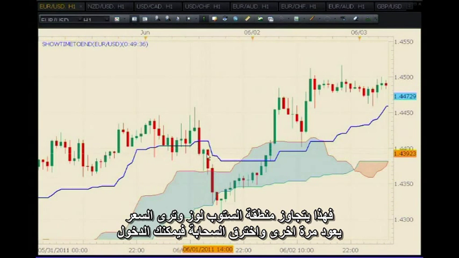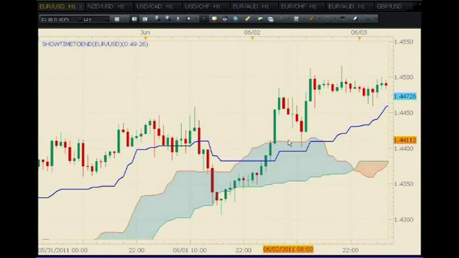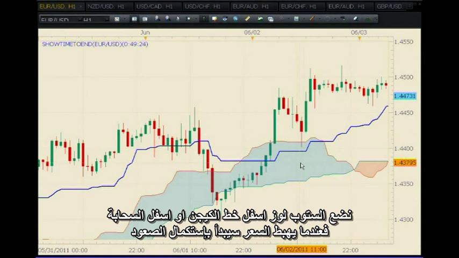It would have been above your stop loss area. Okay, but then you see price coming back again, and you have a break right here. So that's a Kumo break. You want to get in, and you put your stop loss below your Kijun or below your cloud, and then you would have gone up, came down, and you would have kept on going.